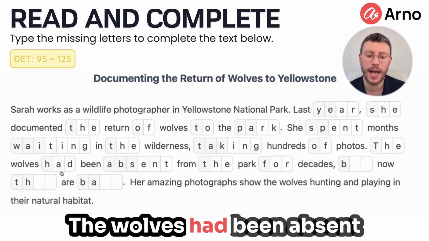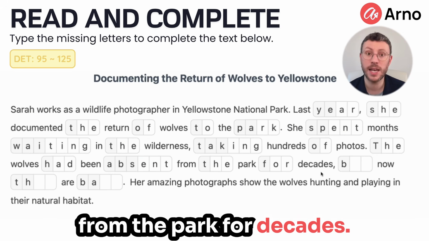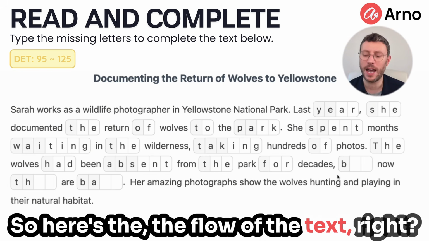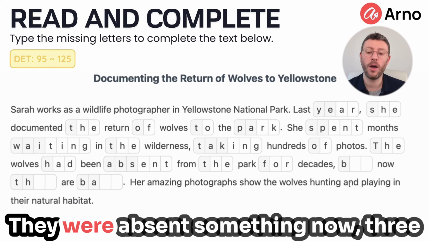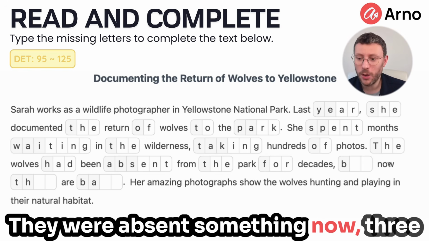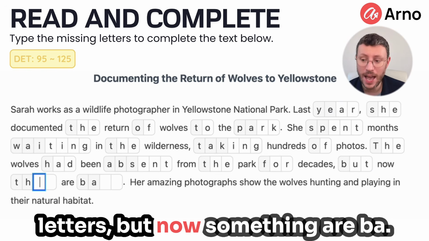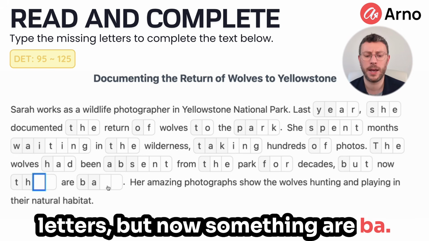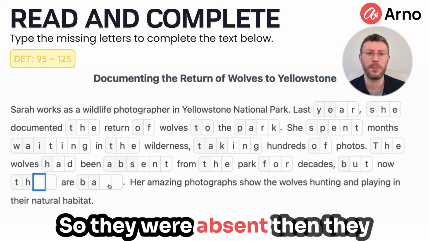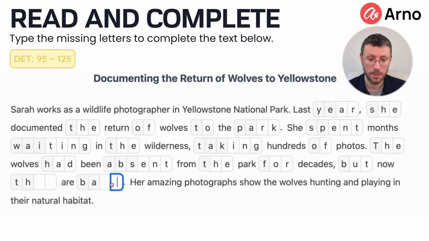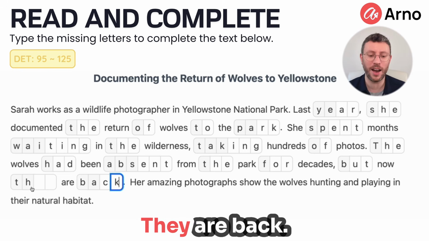The wolves had been absent from the park for decades. So here's the flow of the text, right? They were absent, something now, 3 letters, but now something are back. So they were absent, then they weren't there, but now they are, well done, back. Oh, and I said it, didn't I? They are back.